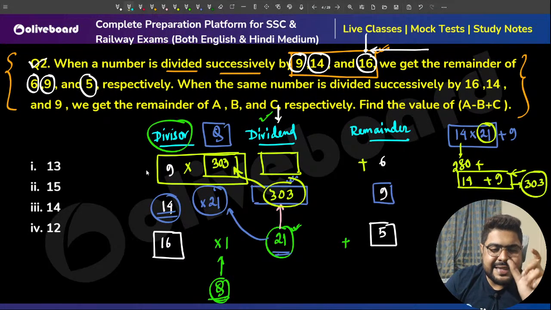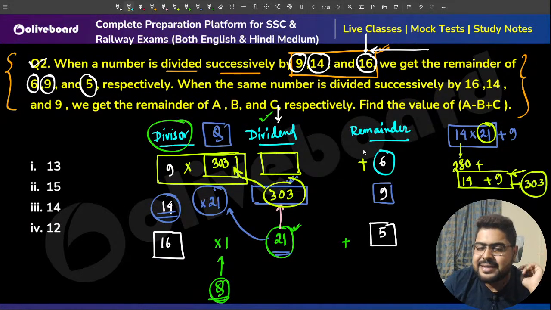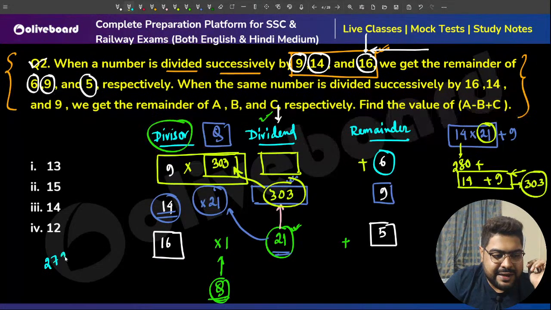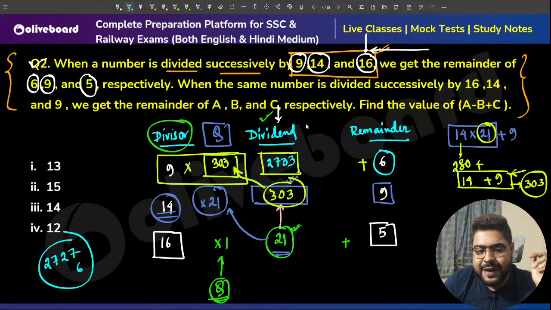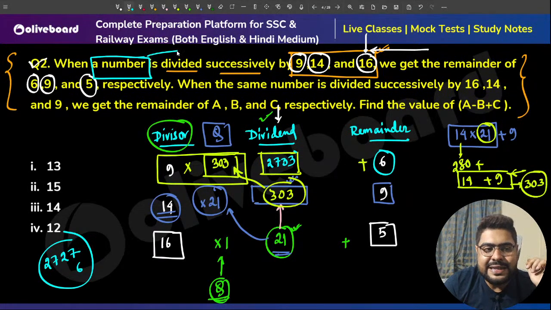So 303 into 9 will be 2727, plus 6. 2727 plus 6, you get 2733. This final dividend is nothing but our number.